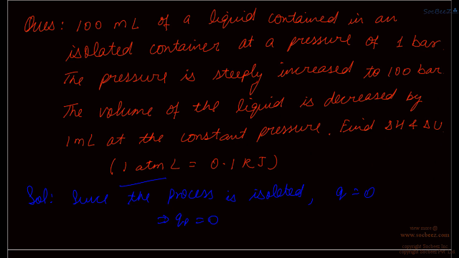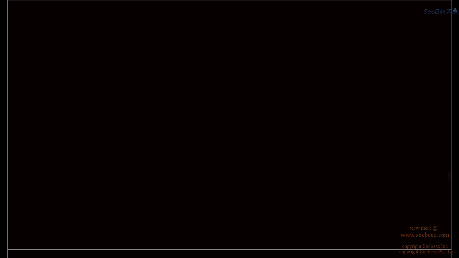We can write Q as QP, which is equal to delta H. Therefore this says that delta H equals 0 in this case. Now using the expression for enthalpy, delta H equals delta U plus P delta V, since pressure is constant. So from here, since delta H equals 0, delta U equals minus P delta V.